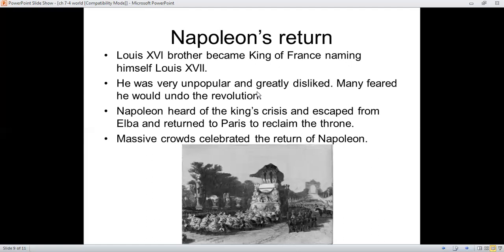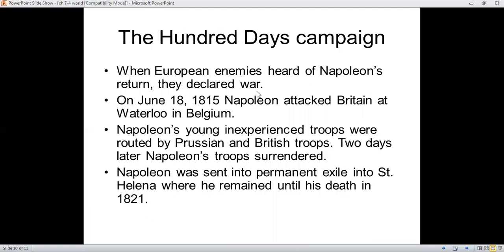Surprisingly, massive crowds of French people celebrated the return of Napoleon. When the European countries heard of Napoleon's return, they declared war. They were not going to wait for Napoleon to forge another army and start another war against them. So on June 18th, 1815, Napoleon attacked Britain at Waterloo in Belgium.